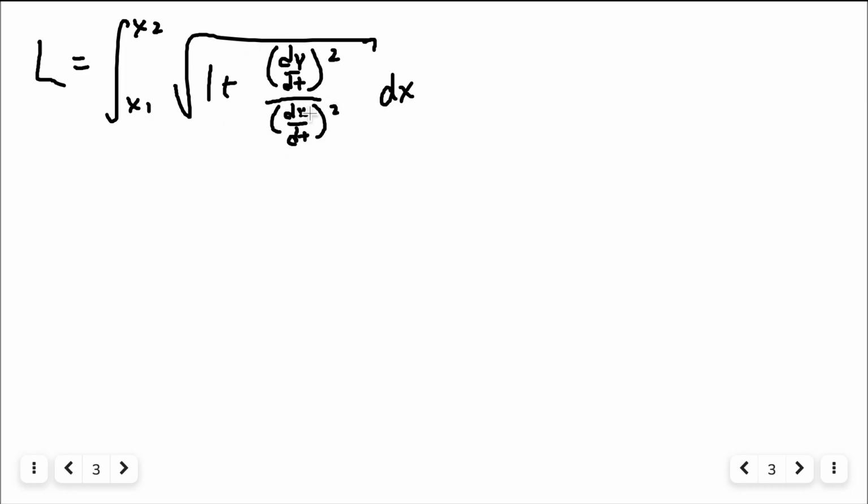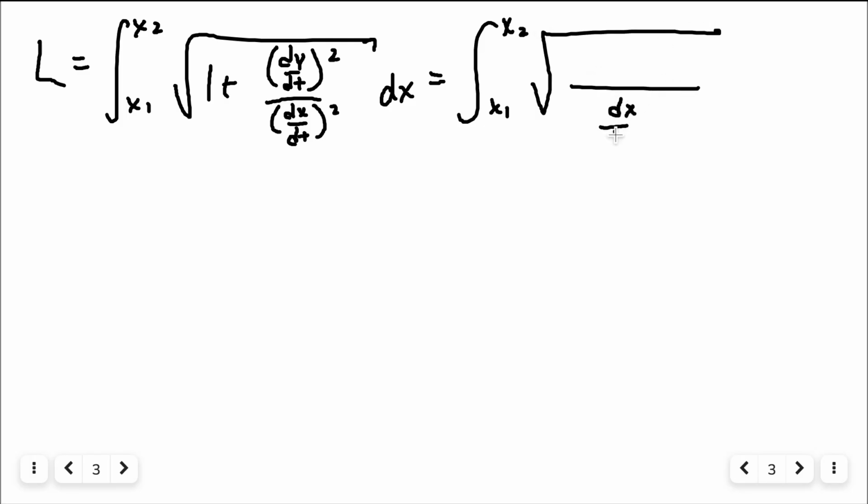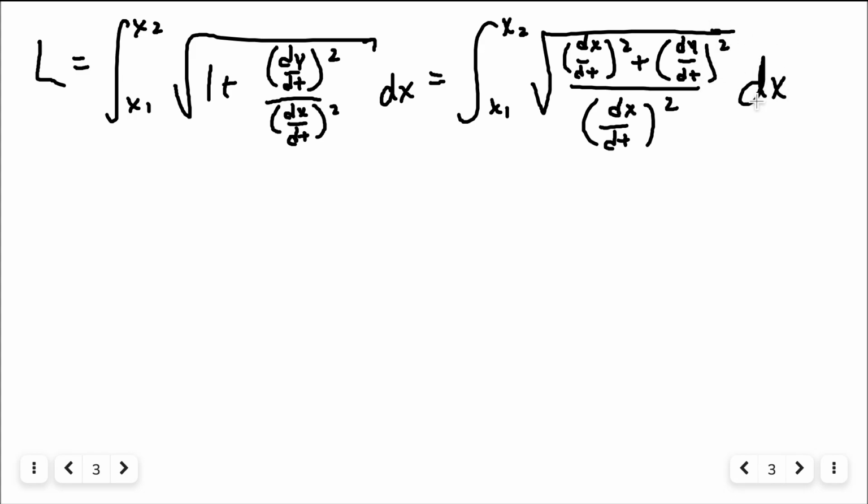The common denominator is dx dt squared. That means the first term will need a dx dt squared, and the second term does not, since it already has one in its denominator, with respect to x.